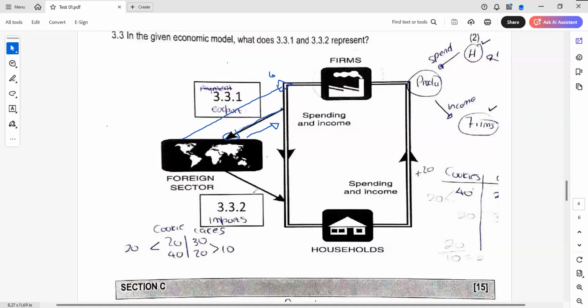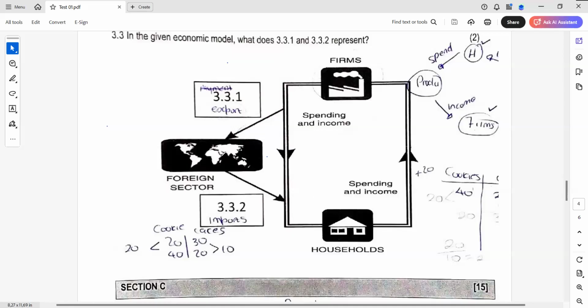But let me just explain this one as well, because it's going to be the same explanation. So here, with the foreign sector and the households, remember, households are also called the consumers, so we purchase things from the foreign sector, right?